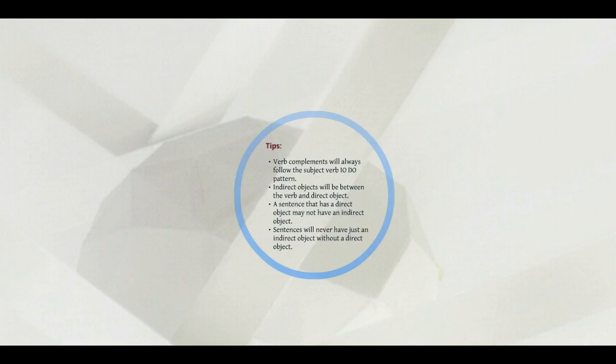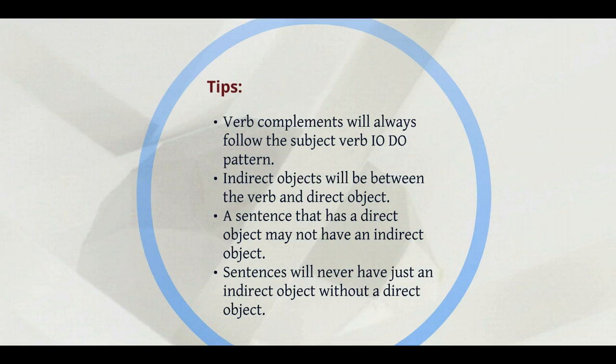Okay, so let's look at our object tips. Verb complements will always follow the subject, verb, indirect object, direct object pattern. That means that in a sentence, you always have a subject, a verb, and then the indirect object followed by the direct object. That is the pattern it will be.